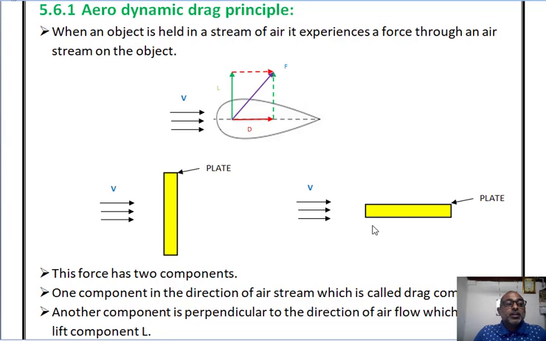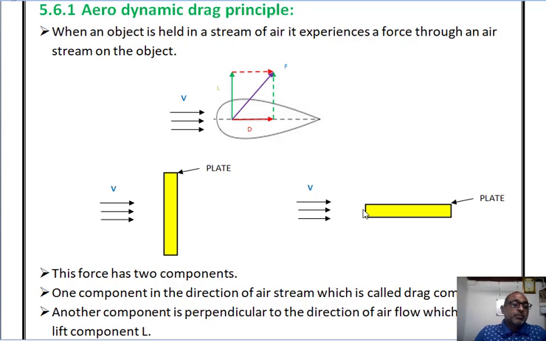But if the air stream is in the direction of the flat plate, then the minimum force occurs on the plate. So initially the wind turbines were of the drag force type.